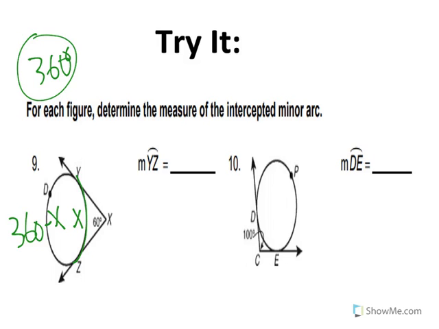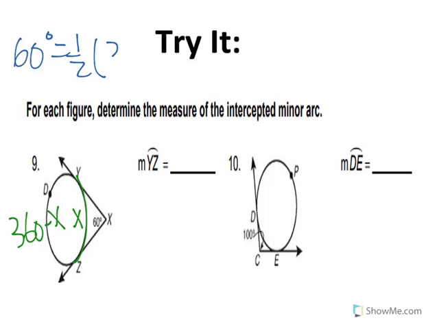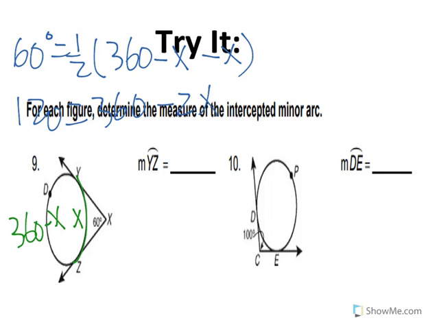Okay, so let's work out number 9, right? So we can say that 60 degrees equals 1/2 of 360 minus x minus another x. Right, so then this is 120 equal to 360 minus 2x.